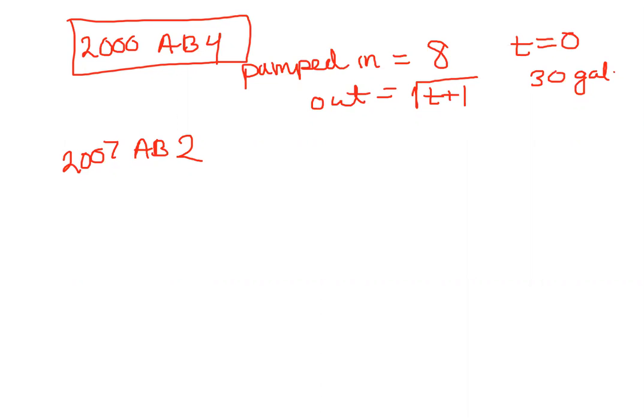2010 AB2. There's no snow on Janet's driveway when snow begins to fall at midnight. From midnight to 9, it accumulates on the driveway by that function. Janet starts removing snow at t equals 6. The rate at which she removes snow from the driveway is there.